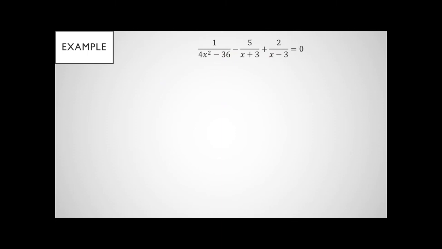So we've got this 4x squared minus 36. As soon as you see something that has an x squared, that's telling you you want to factor that. The x plus 3, x minus 3, there's nothing to factor there. So I'm going to have 1 over. First thing I'm going to do is actually factor out a 4 because I have a greatest common factor.